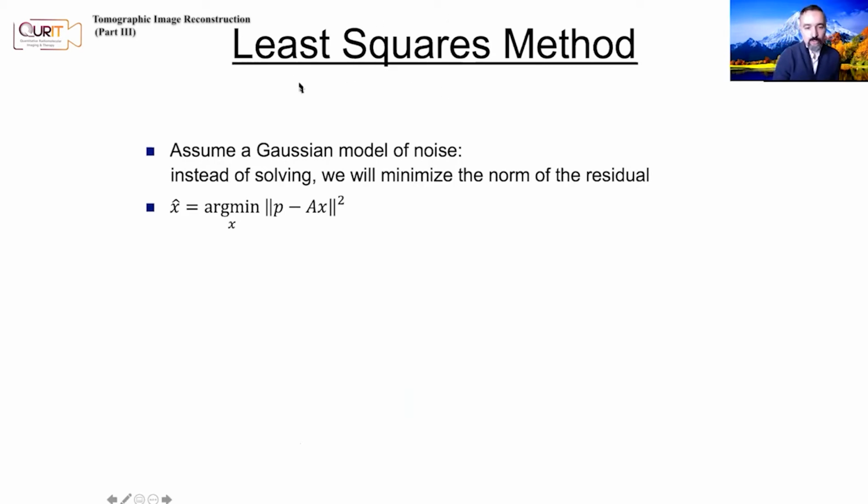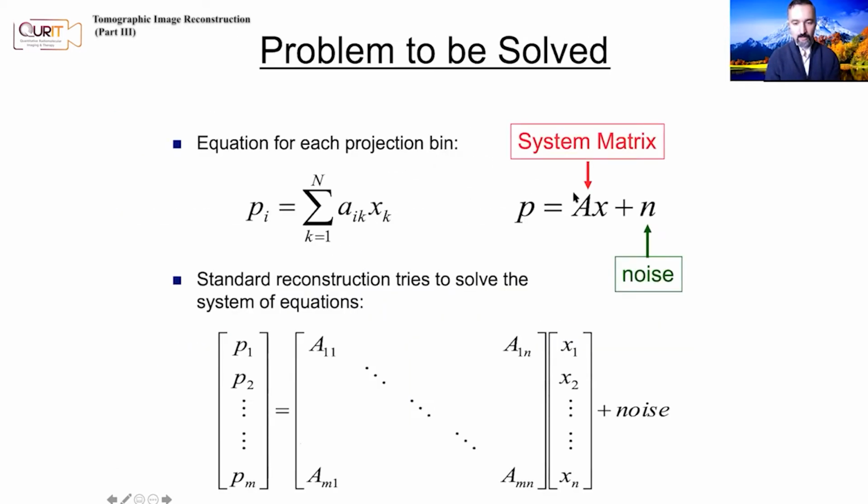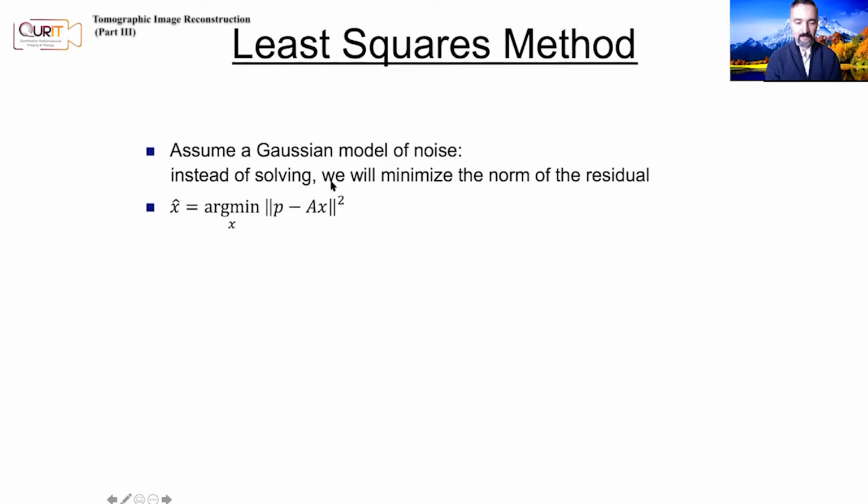For example, think of the least squares framework. Least squares framework is based on a model, a Gaussian model of noise, okay? So whenever you're doing a least squares, the original formulation can be the Gaussian model of noise, where you're modeling this term to be Gaussian. And if you model this term to be Gaussian, the difference between this and that, when you minimize that difference in a least squares sense, you're actually maximizing the probability of having the data that you're having in a Gaussian sense.